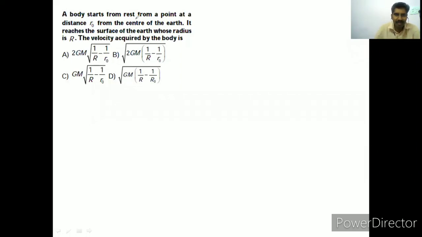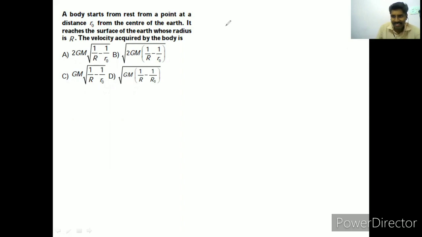A body starts from rest, means its velocity becomes zero, from a point at a distance r naught from the center of the earth. So from the center of the earth, r naught distance, it is at rest. It reaches the surface of the earth, whose radius is r. The velocity acquired by the body is, so very easy. See here.